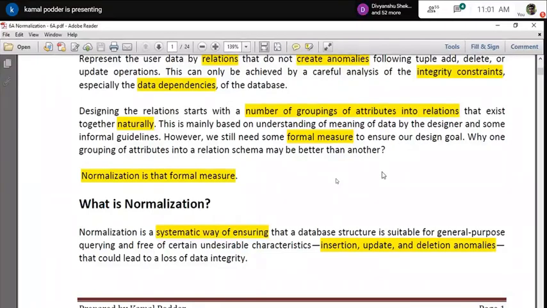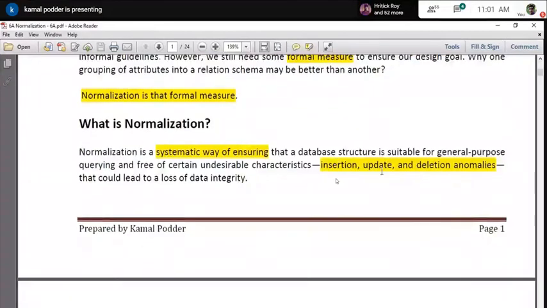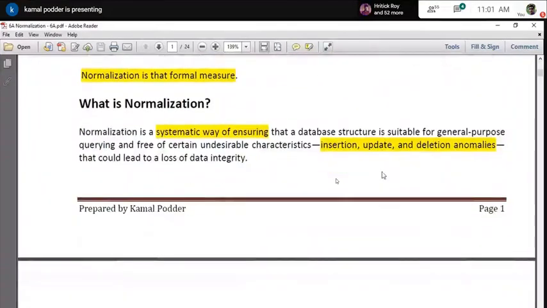So let's formally try to define normalization. Normalization is a systematic way of ensuring that a database structure is suitable for general purpose querying and free of certain undesirable characteristics.